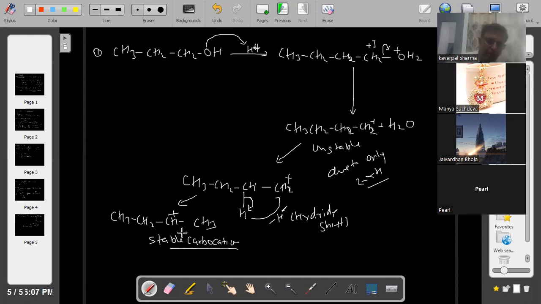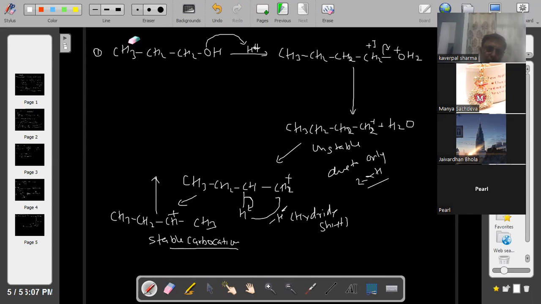From this stable carbocation, now this hydrogen is easy to remove. So this is alpha and this is beta. Always the alpha carbon is the carbon that carries the positive charge.